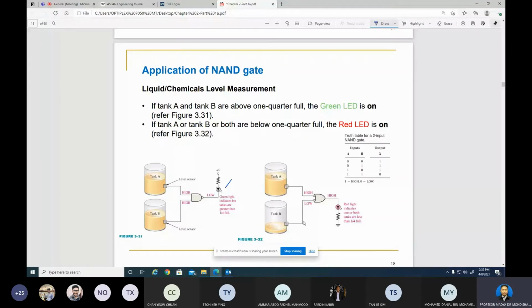If one of the tanks is below 1/4, the red LED will be on. For example, like figure B, tank B is lower than the sensor, so the red LED will be triggered. So this is an example application of the NAND gate.